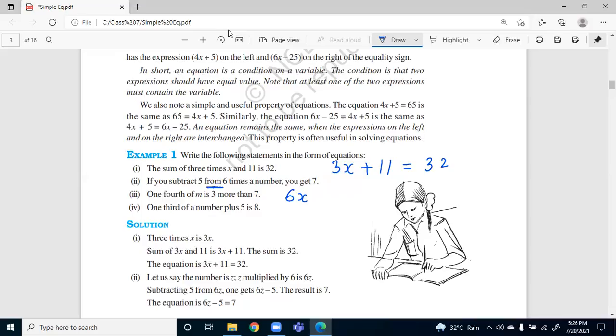And if I subtract 5 from 6x, you get 7. So this is the language and we have converted it into an equation.